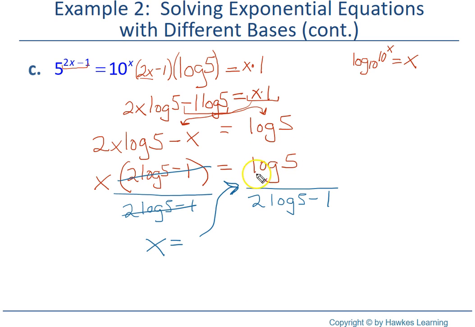Now you can put that in your calculator, item by item, and then be careful, all of this is going to be in parentheses when you divide. Or you could take the log of 5, get a value, multiply it by 2, then subtract it from 1, and then do this calculation. But I think it should work both ways.